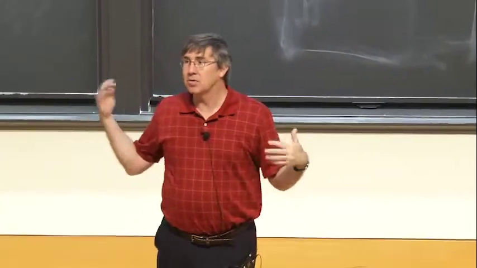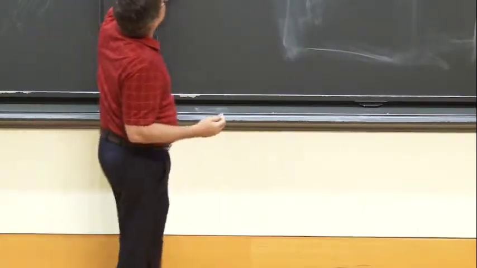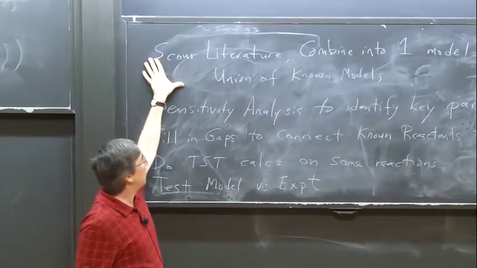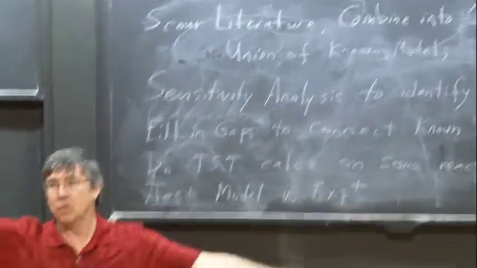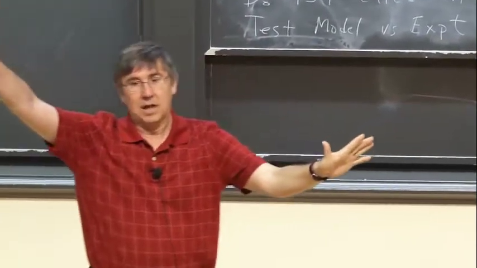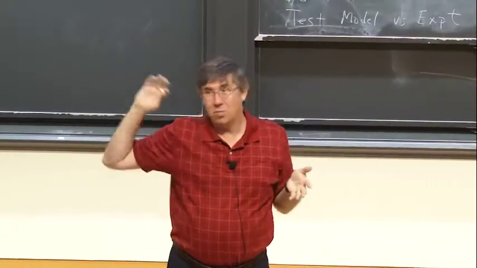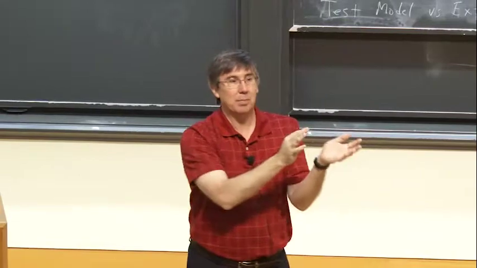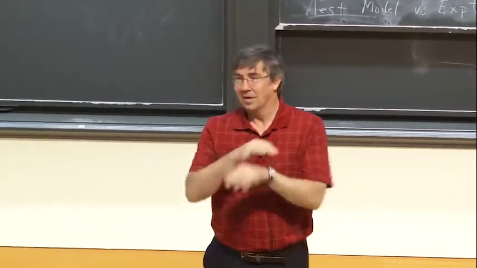All right, so let's think about how we're going to do this systematically. If we have a model from the literature, and we did a union of models, a first-step issue is that if you take the union of two models, it's highly likely that a lot of the reactions are going to overlap. Part of the reason is that whoever wrote the second model might have read the paper by the person who wrote the first, so they might have just stolen a whole lot of ideas from them.